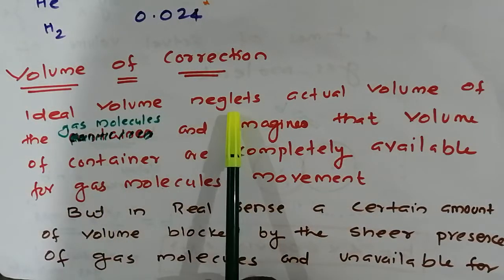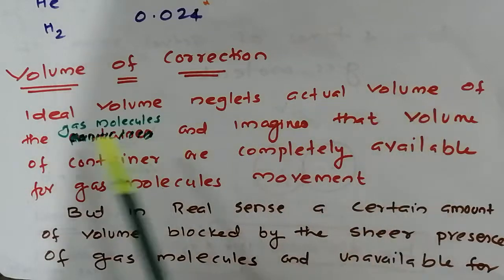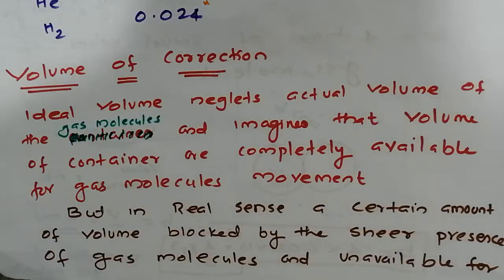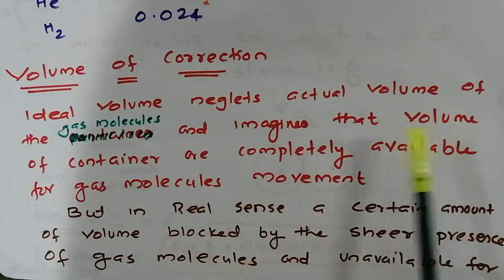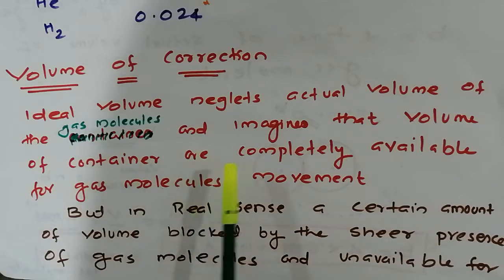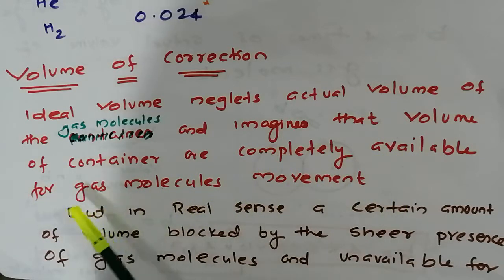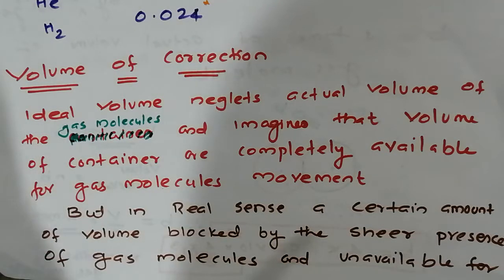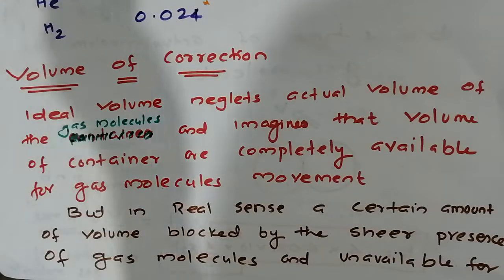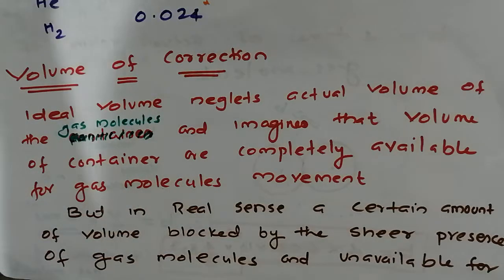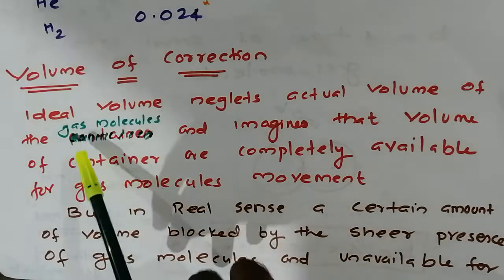Ideal volume neglects the actual volume of the gas molecules. Imagine that the volume of the container is completely available for gas molecule movement. This is an error of the kinetic theory of gas.